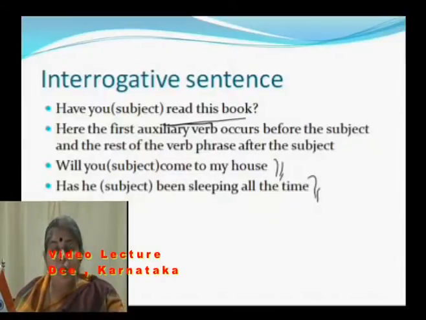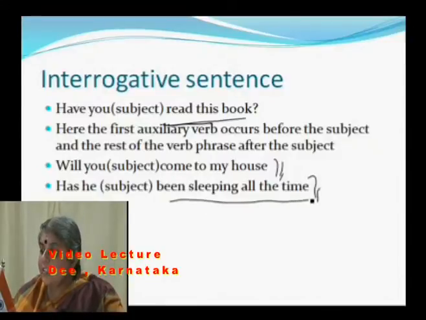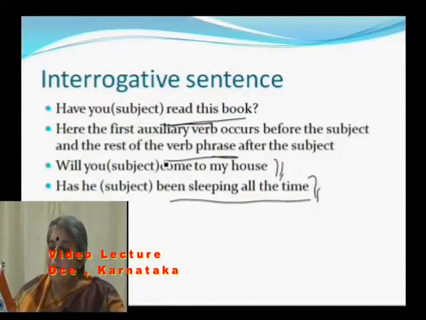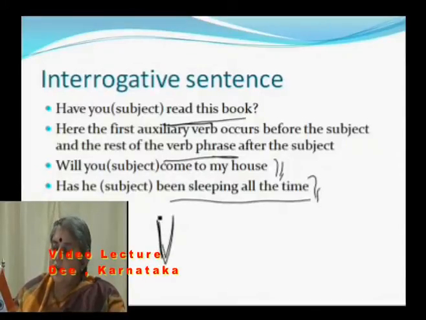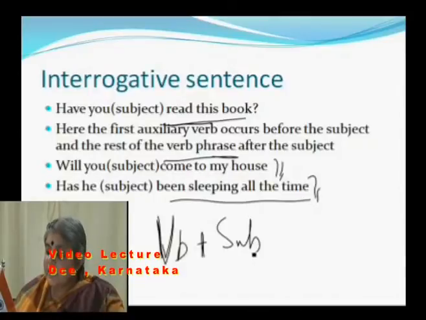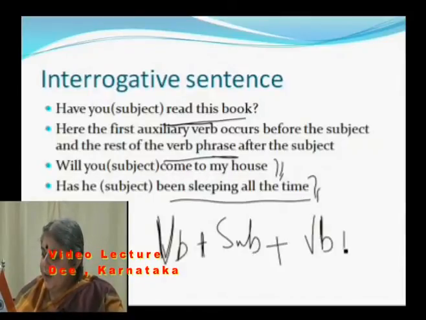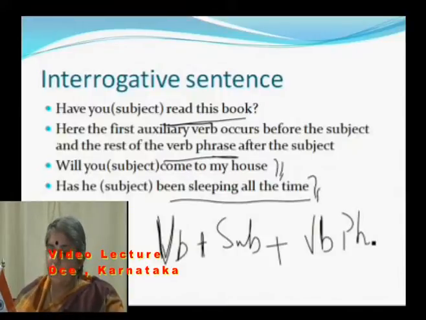It is a primary auxiliary verb. He is what? Subject. Been sleeping all the time is what? A verb phrase. So, in an interrogative sentence, first you will have what? The verb phrase followed by what? Subject, plus you have the verb phrase. I am using a short form here.